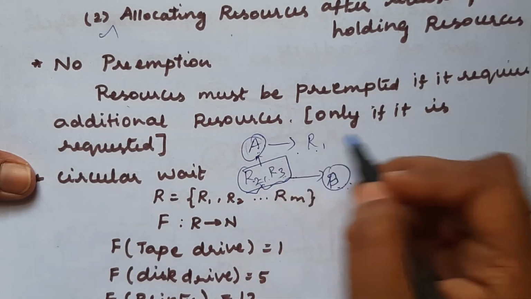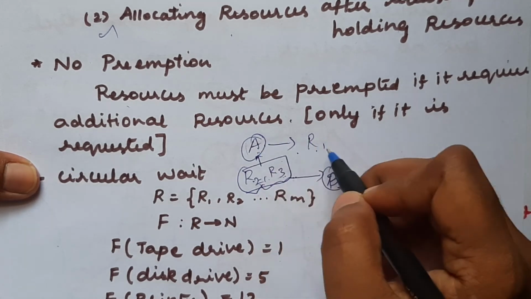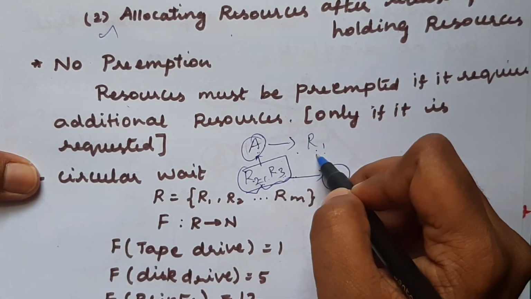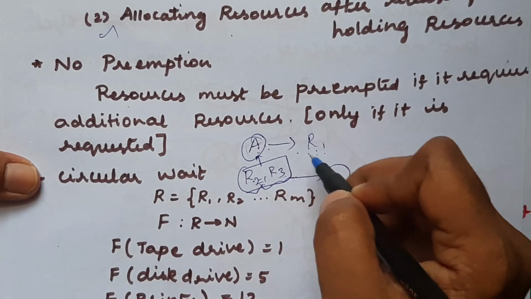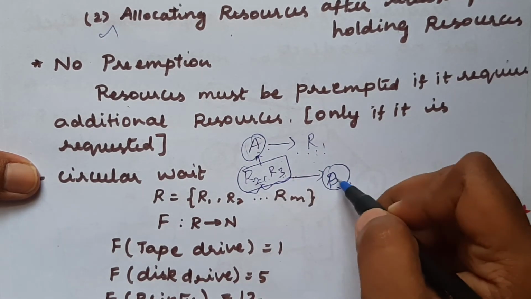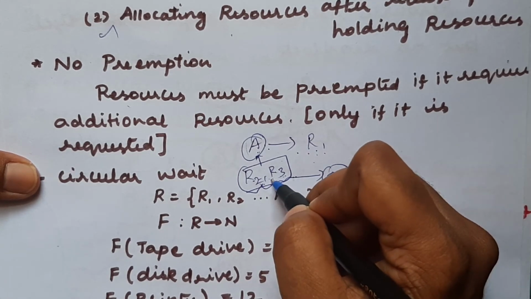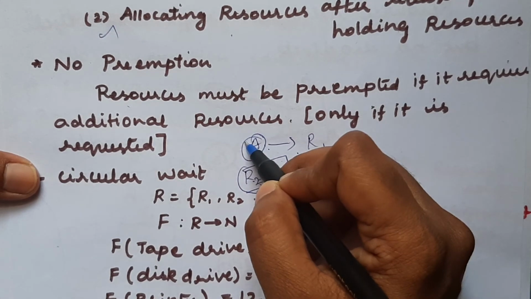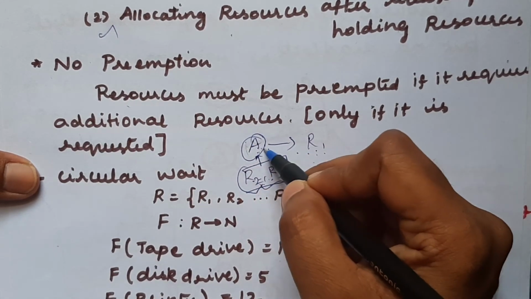Okay. So I'll explain once again. There is one process, and the process is requesting some resource. If the resource is available, we can allocate it. Suppose the resource is not available, say for example here process B is requesting these resources, but the resource is not available because it has been allocated to another process, right? So we need to check to which process it has been allocated.